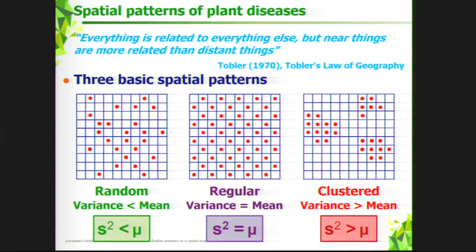When we apply spatial analysis to disease data, we are basically trying to answer a question: how far are we from a random, regular, or cluster distribution? This is the main objective of a spatial pattern, in a basic way.